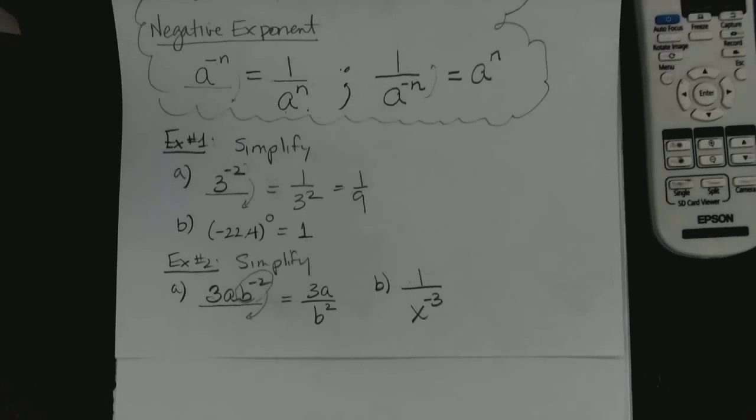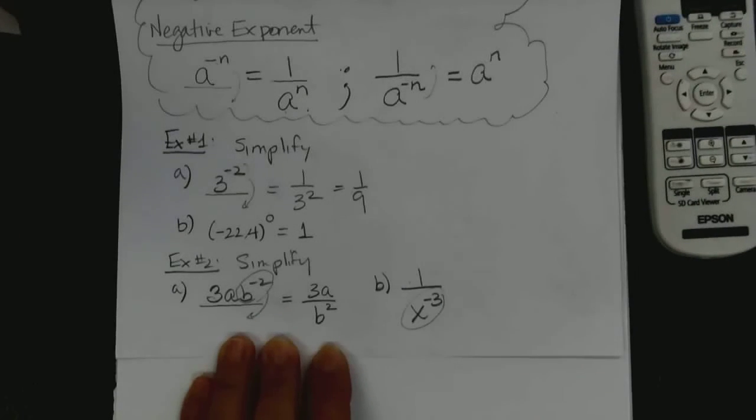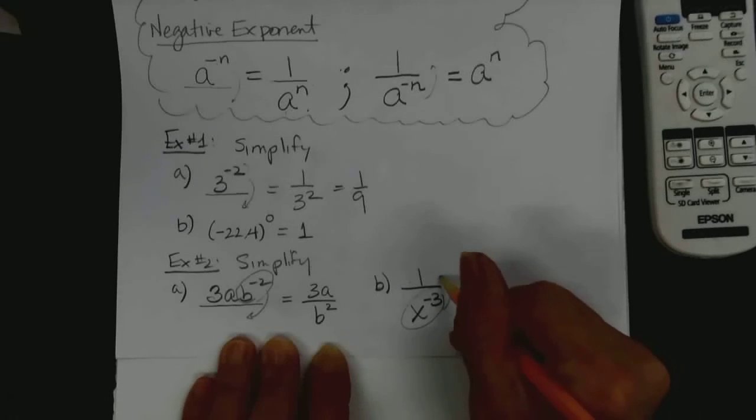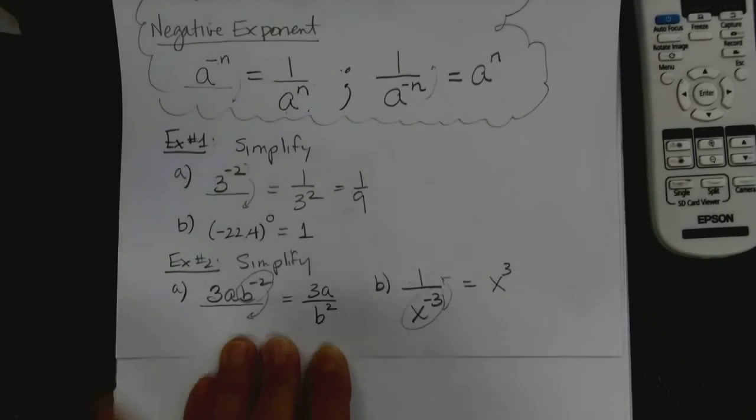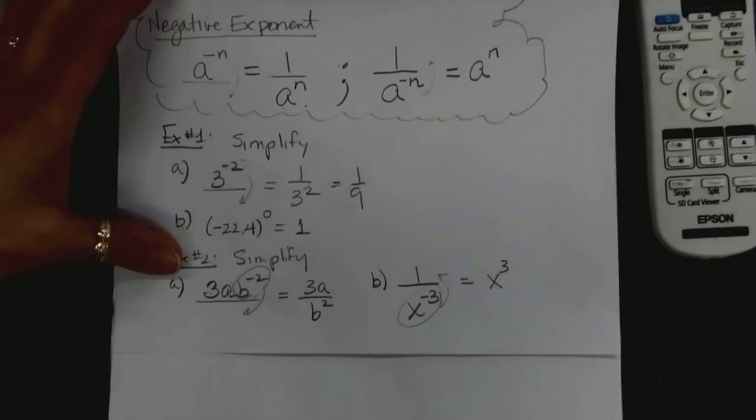When you're simplifying, you want to make it all positive exponents and no 0 exponents, okay? So now, this is the negative, right? Where should it go? To the top. So we're going to bring it to the top, and this becomes x to the positive 3rd. That's it. Not bad, huh?